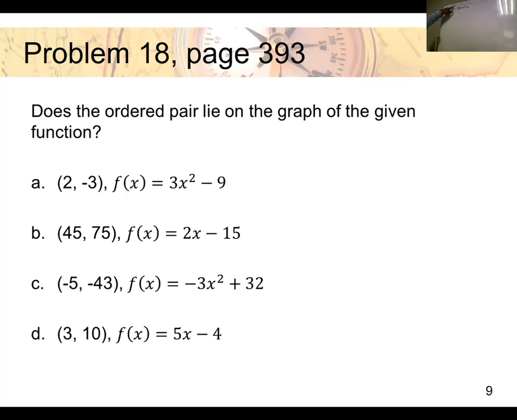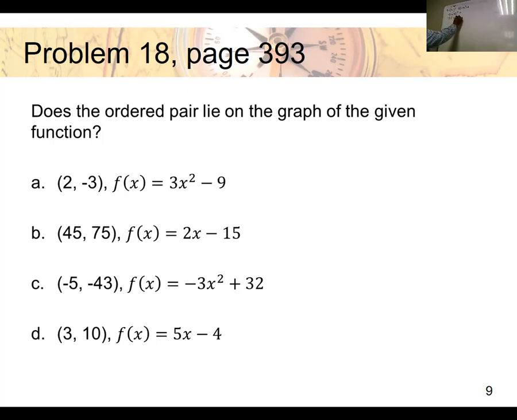So f of x is the -3. We want to know if that's equal to 3x squared minus 9. Now x is 2, so this will be 3 times 2 squared minus 9. All I'm doing is substituting. Now I'm going to simplify the right side. 2 squared is 4.